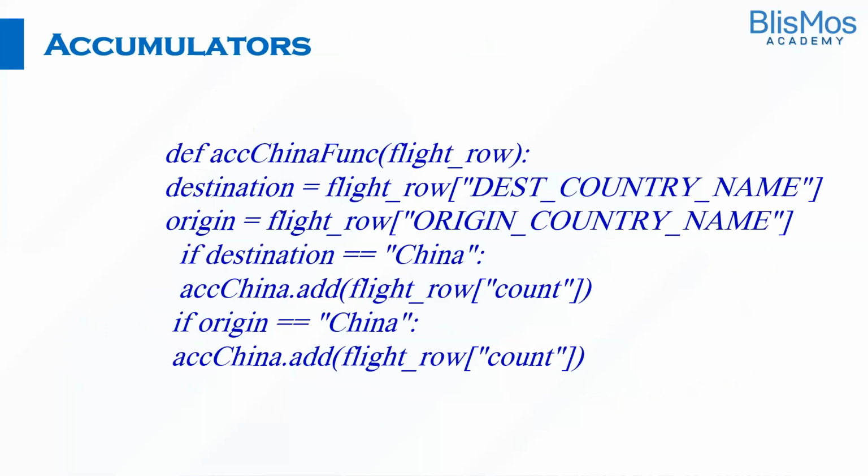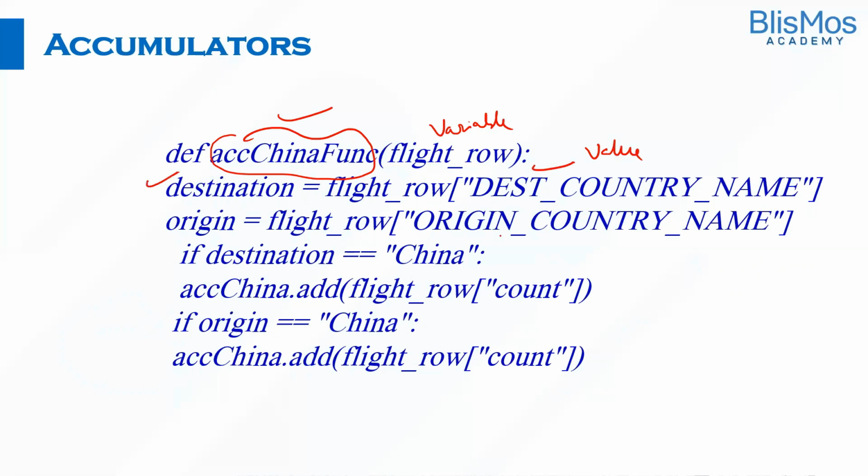After that, we have to define a function that will help us to add to our accumulator. Here you can see we are defining a function named accumulator China function, and this is a variable, and we are assigning the value from one of the columns to this variable and calling it destination.